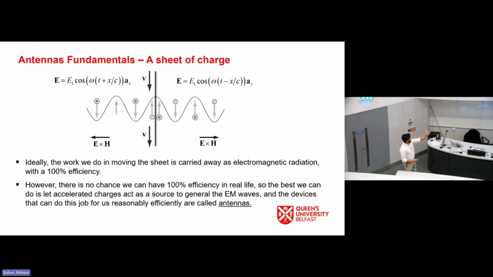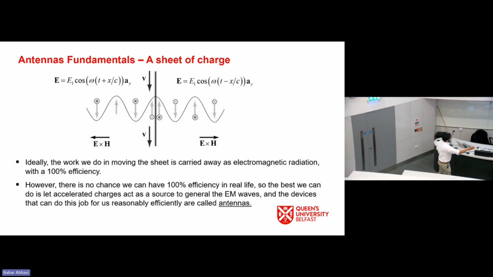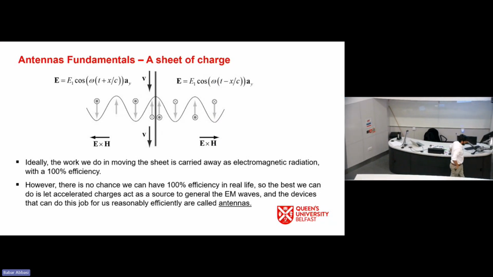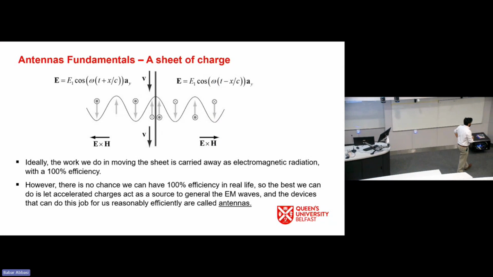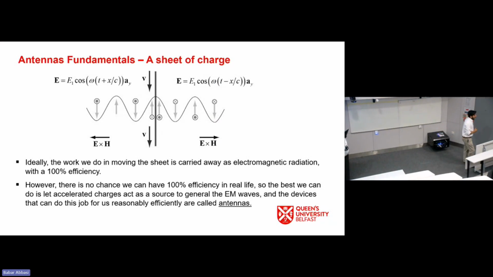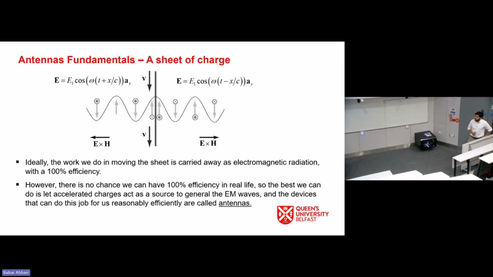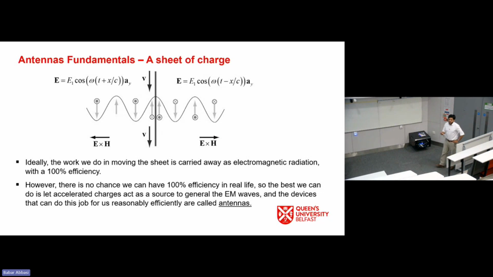That energy flow will be towards this direction and towards that direction because of this moving of the sheet of charge. Okay. So now let's go back to our previous discussion: how fast we can move this sheet up and down is a question.